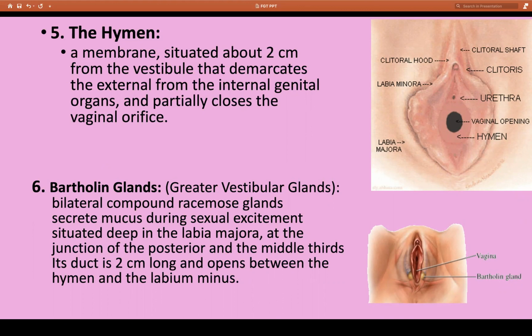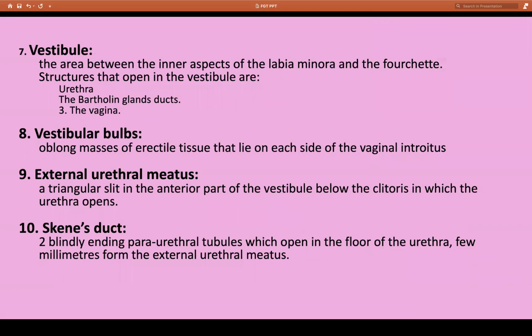And Bartholin's glands, they are greater vestibular glands. They secrete mucus during sexual excitement, and its duct is 2 centimeters long. Its importance is it can become clogged and make Bartholin's abscess or cyst.